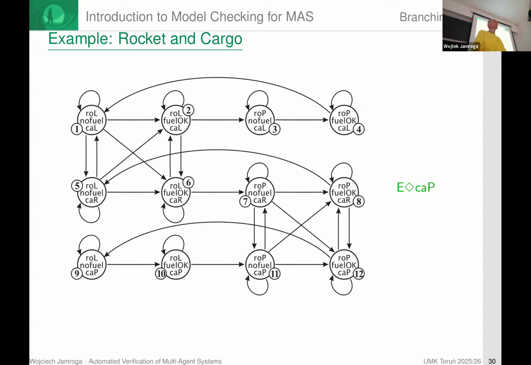One can load and unload, the other possibly only unload the cargo, and so on. And the question is how to plan their behavior and their coordination so that some particular goal is achieved. So, for example, we may want to make sure that eventually the cargo is in Paris, right?